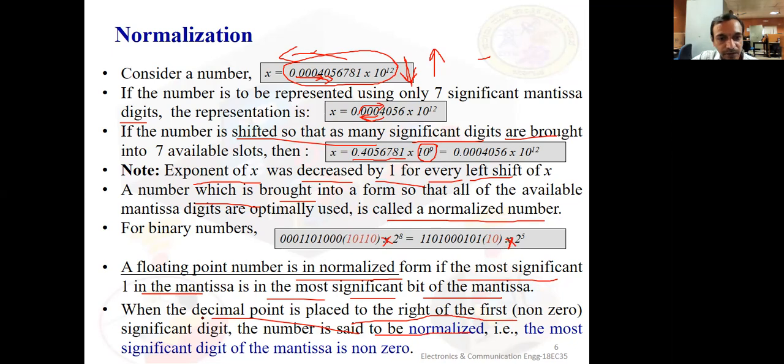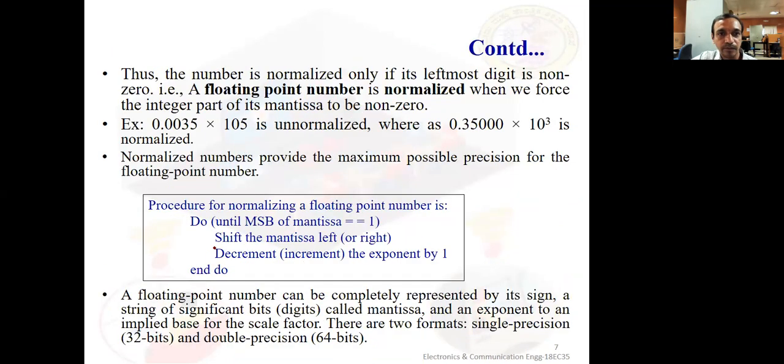Shall I repeat this? When the decimal point is placed to the right of the first non-zero significant digit, the number is said to be normalized. That means the most significant digit of the mantissa would be non-zero, so it is called a normalized form.